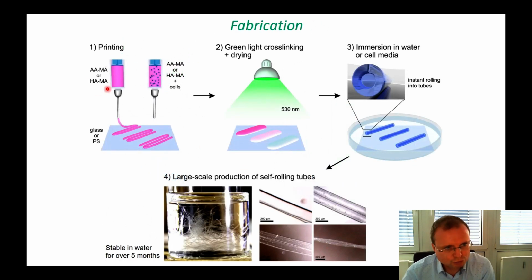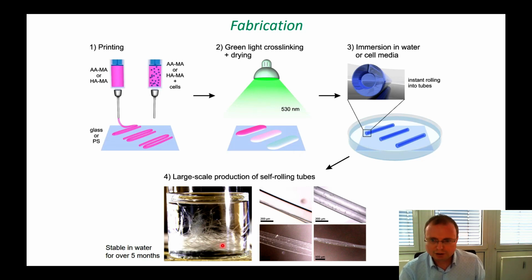So we make a solution of these polymers, either without cells or we add the cells, we print it, then we shine light to cross-link the polymers, we expose it to a physiological buffer environment, like for example cell culture media, and the formed structure folds and makes tubes. So this is what the tubes look like.